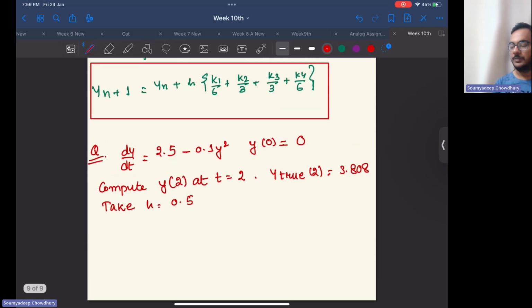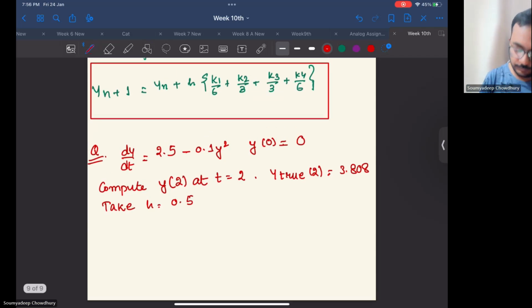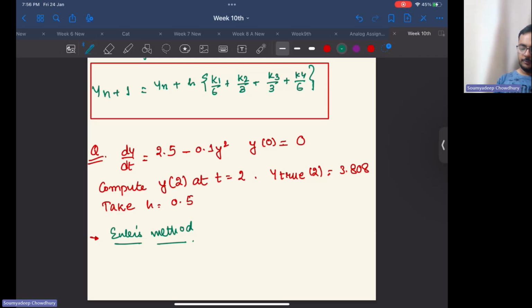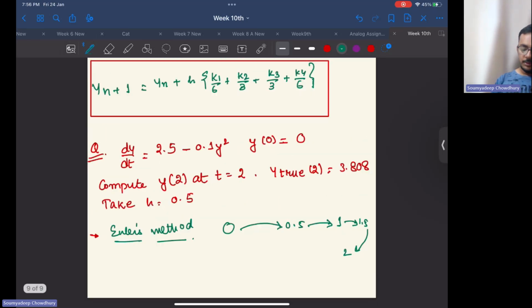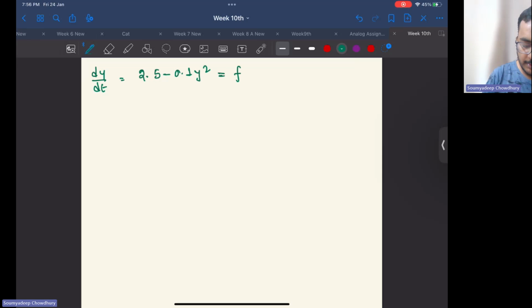So we have to apply it 4 times, right? First we'll do it with Euler's method. y of 0 is given to you, and your h is 0.5. So first we'll go from 0 to 0.5, 0.5 to 1, 1 to 1.5, and 1.5 to 2. Your equation is dy by dt equal to 2.5 minus 0.1 y square, so this is my f of y.